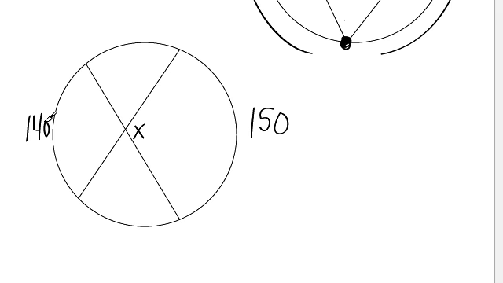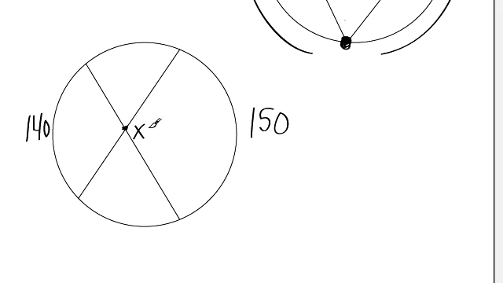Now, in order to find X, well, X is not going to be 150 because this is not at the center. It's certainly not going to be 140 because, again, this is not at the center. But what you do is you need to find the average of the 150 and the 140.